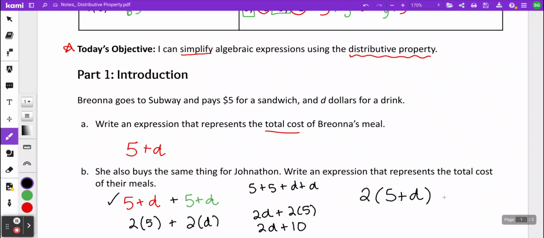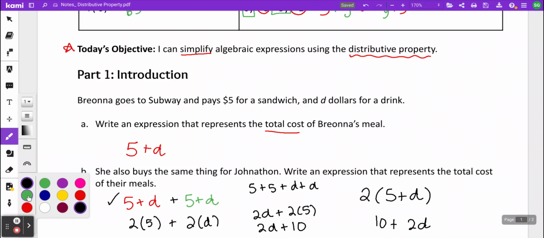And the reason I want to have this one on our list of expressions is because all of these things I've written up here are all correct ways to represent the story. That means they all represent the same thing and they're all equal to each other. That means this expression right here that we've got is also equal to some of these other ones we've written, like the 10 plus 2D.